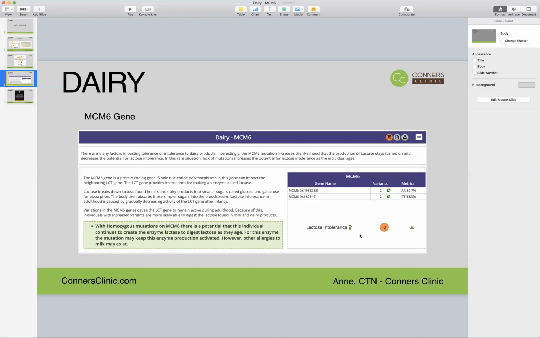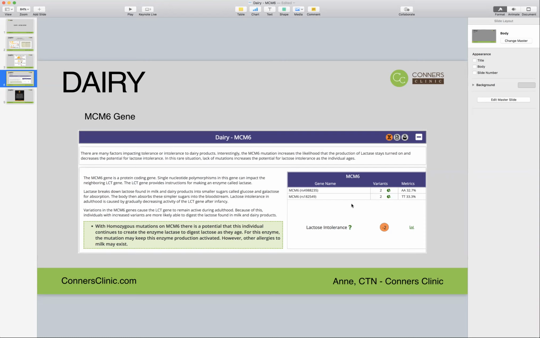As we age, the normal expression of this gene is for it to be on when we're young, and we need dairy for growth. When we don't have variants here, the normal expression is for this gene to be turned on in childhood, and then slowly as we age, it turns off and doesn't work anymore. Therefore, as you age, you might become sensitive to the lactose in dairy or lactose intolerant.